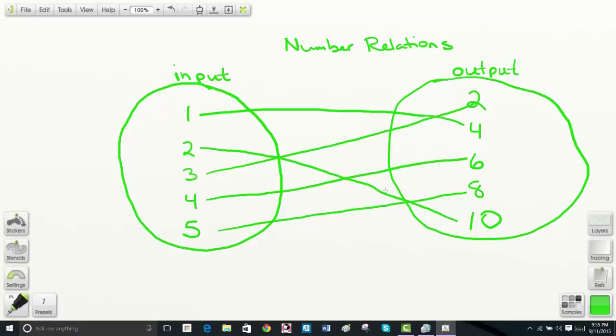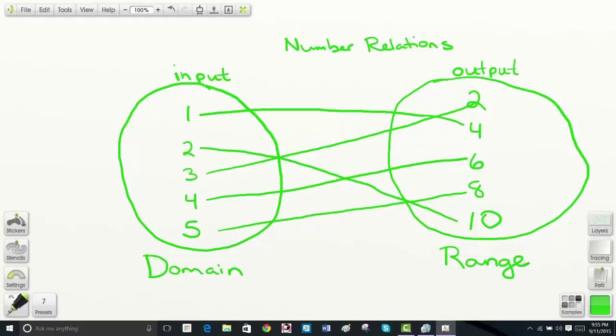Now, input and output are nice words to describe the number we start with and the number we end with. But in math, we have more mathy terms than just input and output, and hopefully they are familiar to you. So the input we call the domain. Those are all the numbers in the starting set, and then the output is called the range.